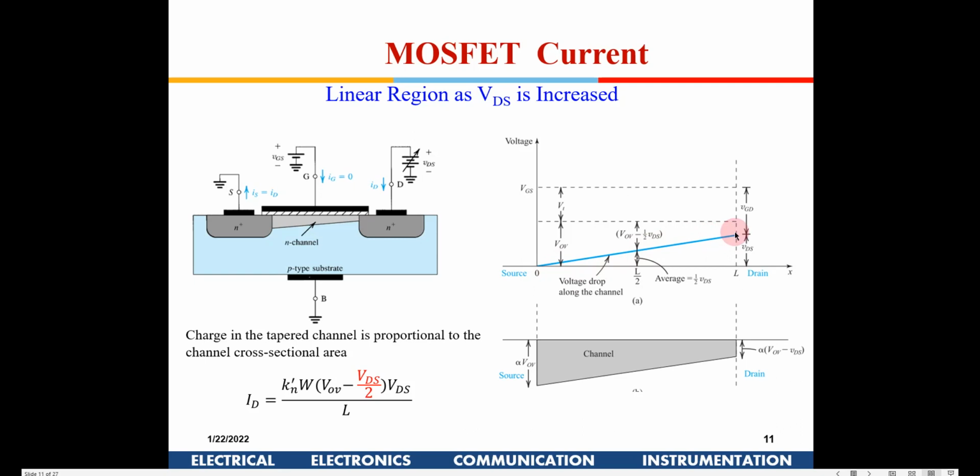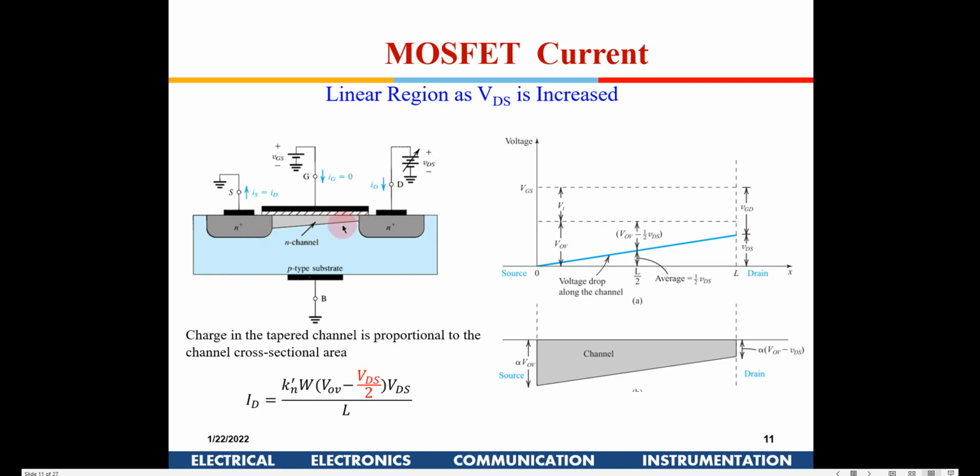Now the current equation gets slightly modified. So what is the current equation going to be? Initially we took this as VOV, and now we are going to take it as VOV minus VDS by 2. Here it is a total VOV, and here it is going to be VOV minus VDS.